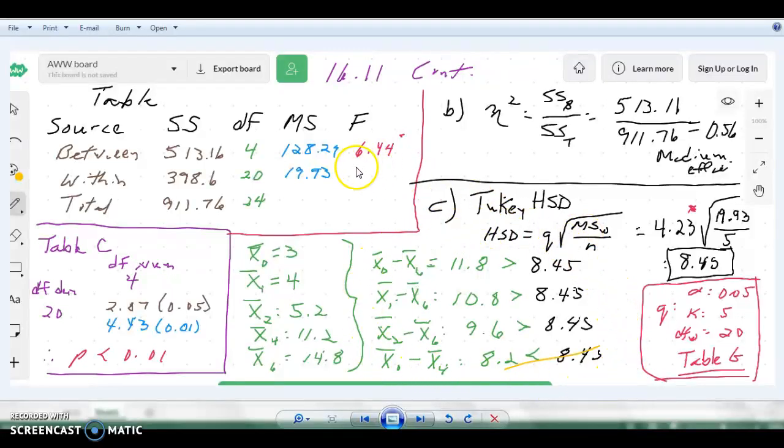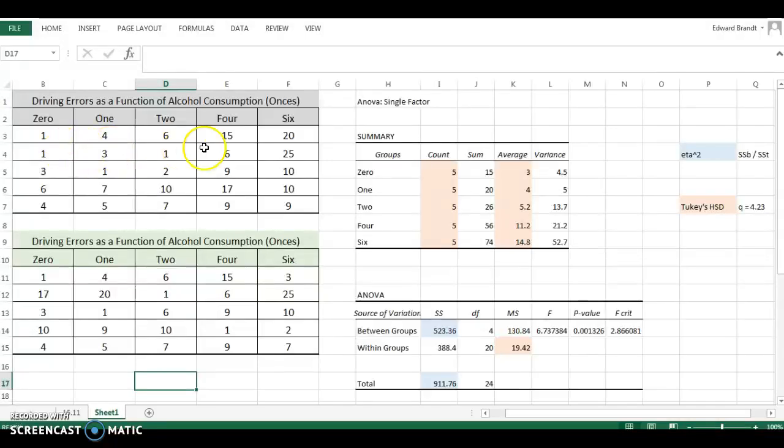But because we came up with such a high F statistic, which was greater than the values here, then we continued the process to find out which pairings in here did show a significant difference. So that's the process there by hand.